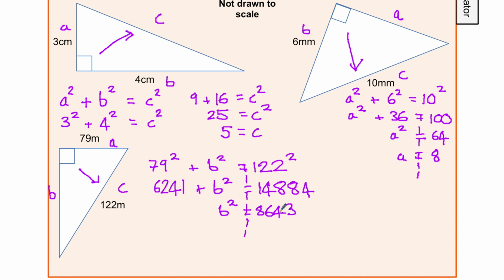So I've got that B squared is equal to 8,643. And then again, to get B on its own, I just need to square root both sides. So that will give me that B is equal to the square root of 8643. And that gives me 92.96. Let's round it to 2 decimal places, so 92.97.